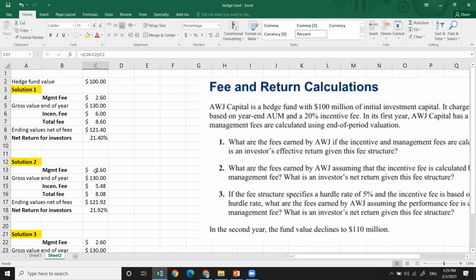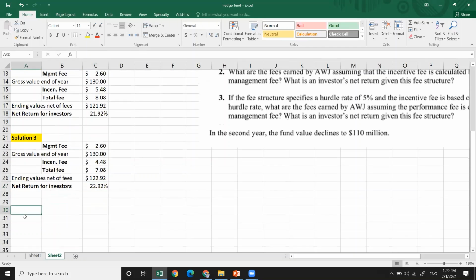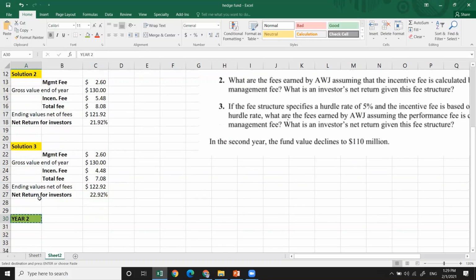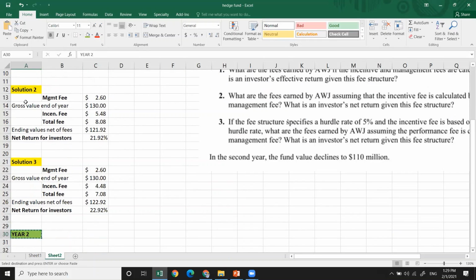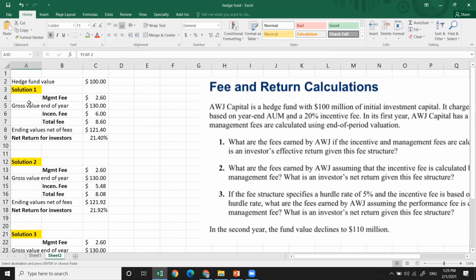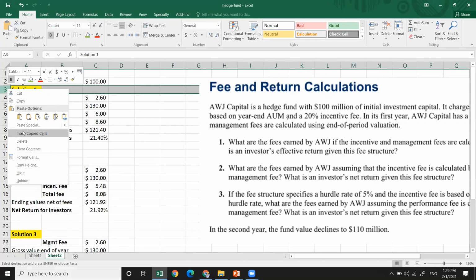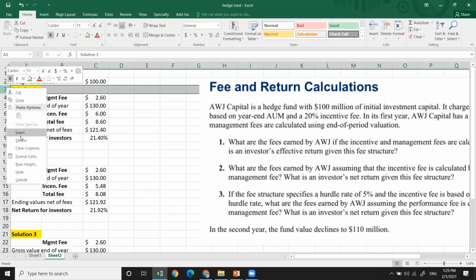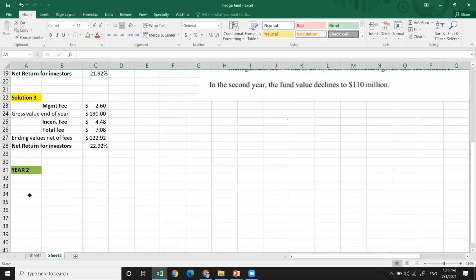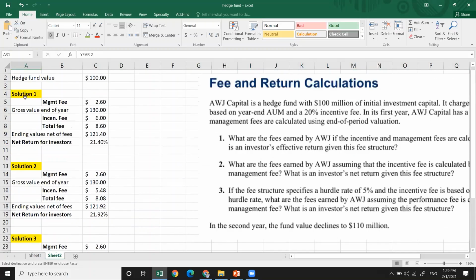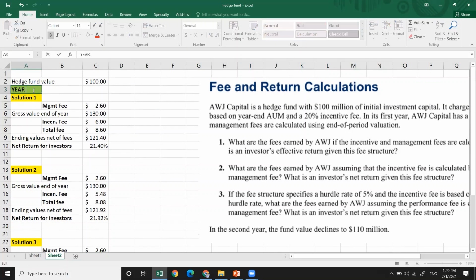Okay, hedge fund, year 2. It was year 1, let's say.